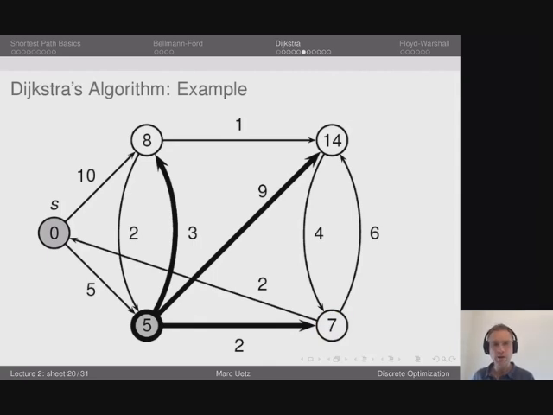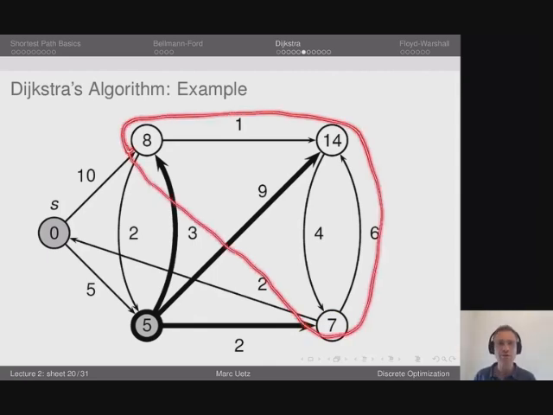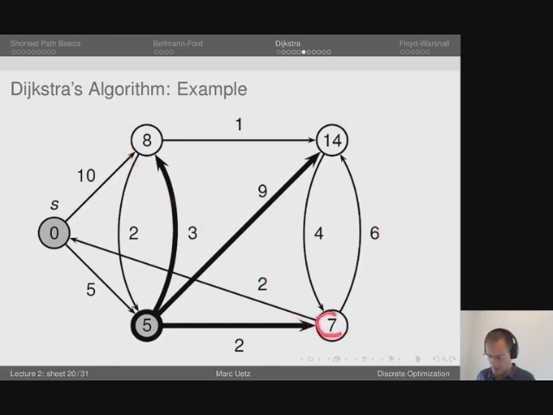Now again, we pick among all the vertices that still need to be processed, which is those. We pick the one with smallest distance label. It has outgoing edges, namely this one and this one. Now notice that these outgoing edges could also point backwards, so to say, towards the vertices that we already processed before.